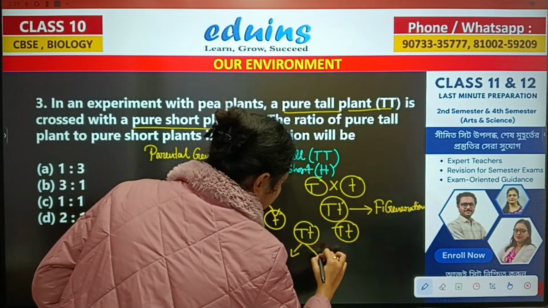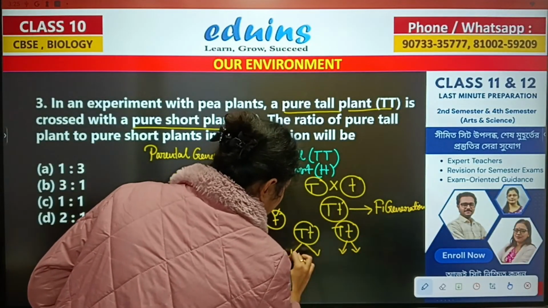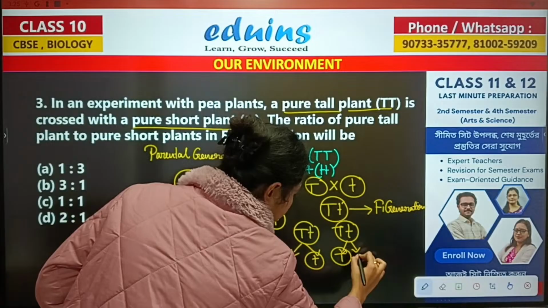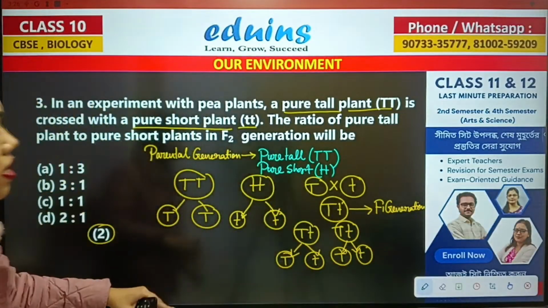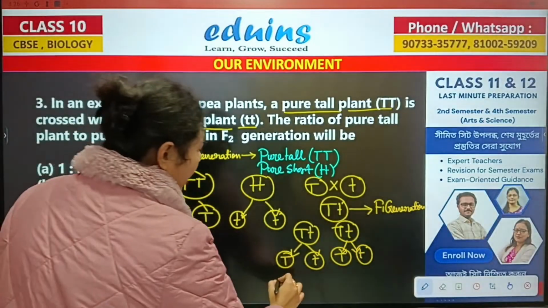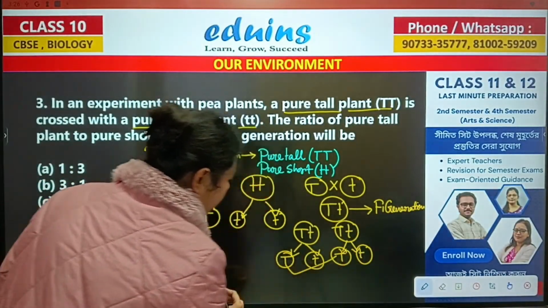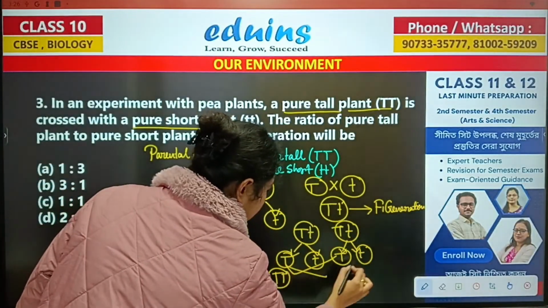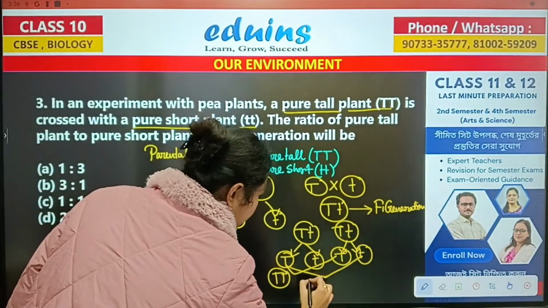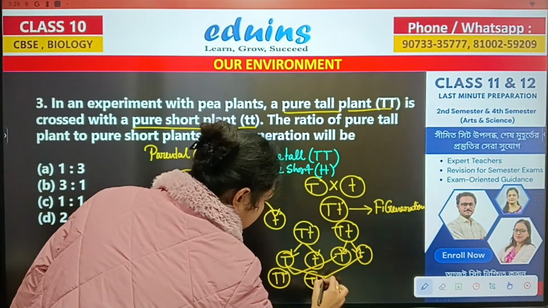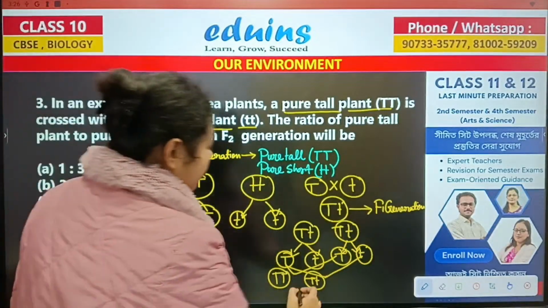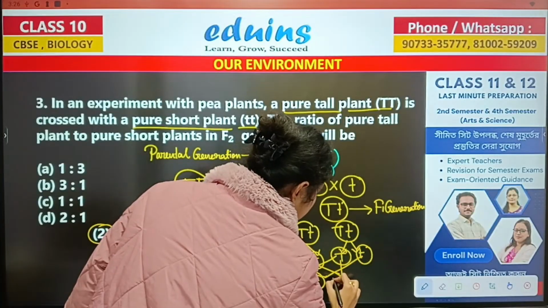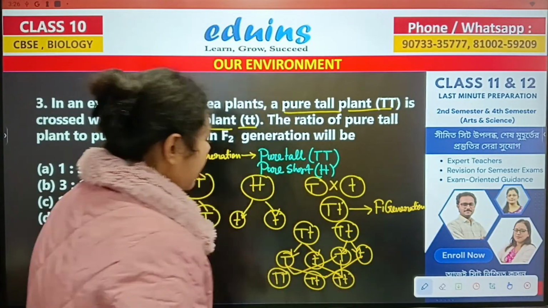From those we will get capital T, small t gametes, and from these we can get capital T, small t gametes. If this gamete fertilizes this gamete, then it will be a pure tall plant.